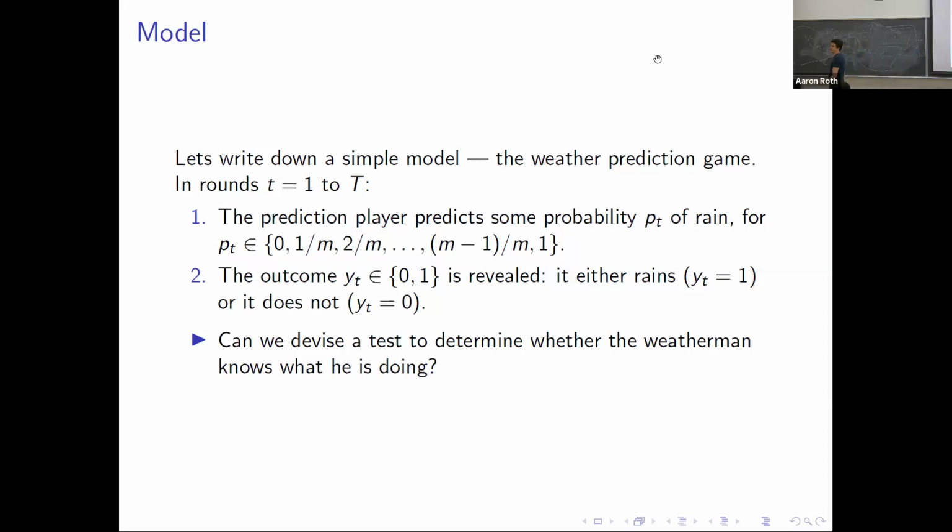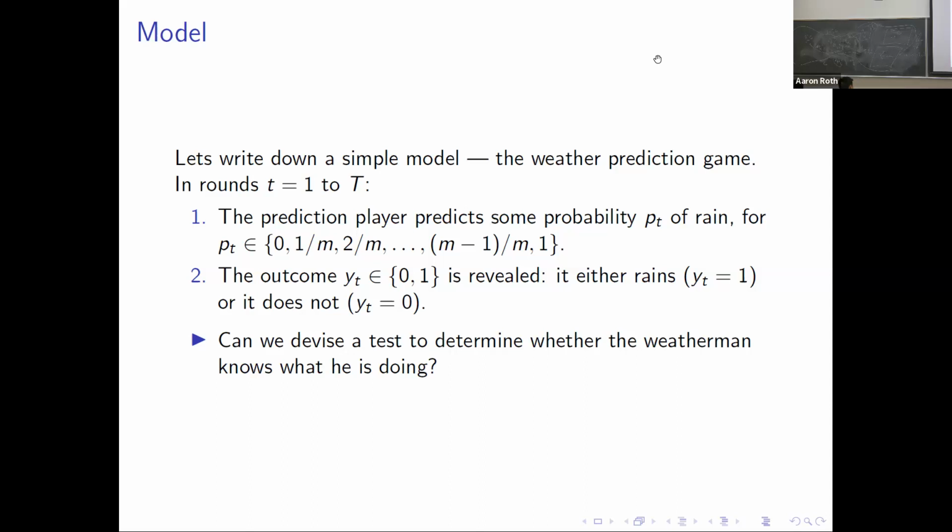And you're skeptical of this, so you're looking for some kind of statistical test that would pass the weatherman if indeed he was correctly predicting according to the true probabilistic process, the probability that it rains every day, but might have some chance of failing him if he's not doing that, if he's a faker. Okay, so is the problem clear?